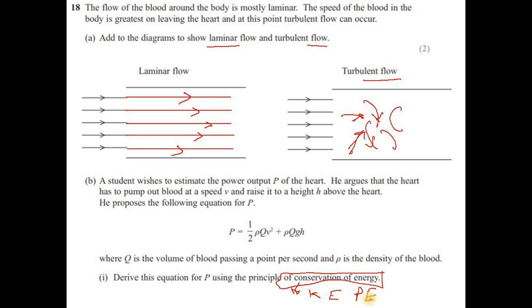So, or you can say gravitational potential energy, and the total energy is the sum of these two. So here you can start your derivation.